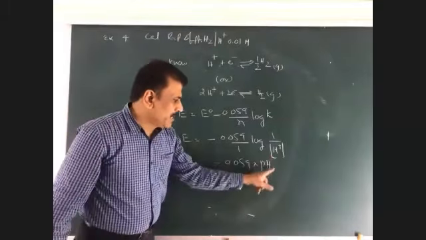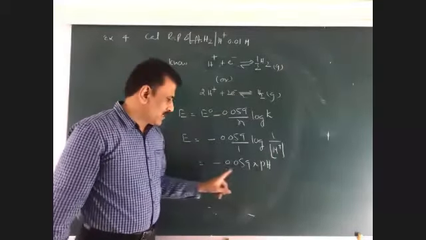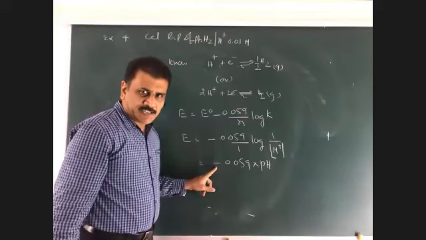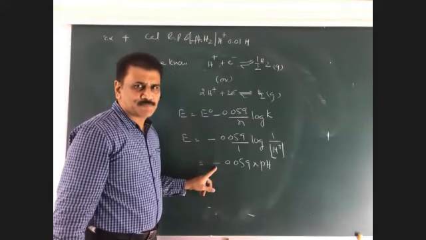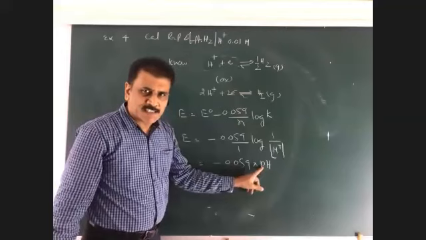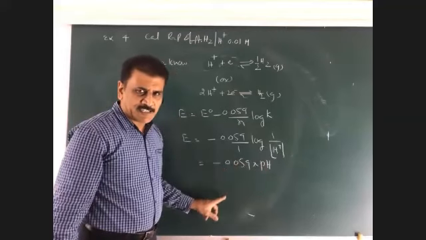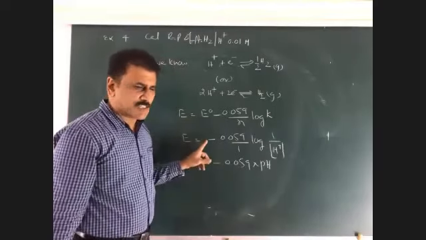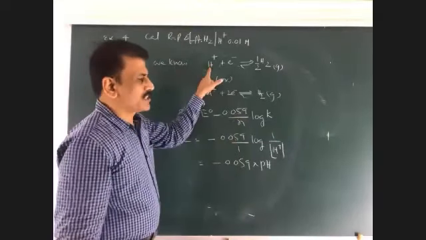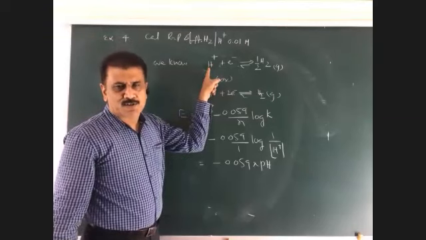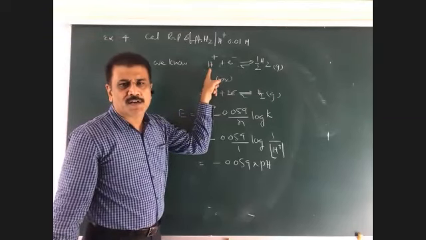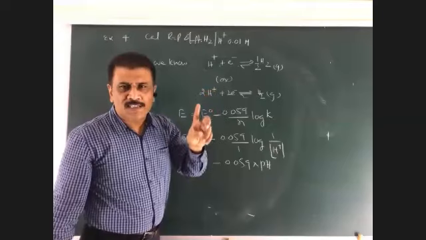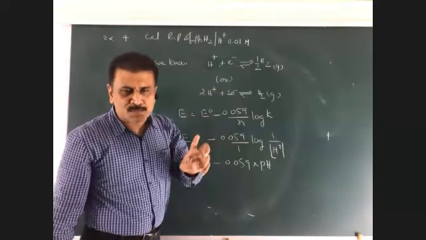Look at this: if pH increases, reduction potential decreases. If pH decreases, reduction potential increases. Simple. This is consuming, so if it is consuming, it should be taken in more concentration to increase the reduction potential.